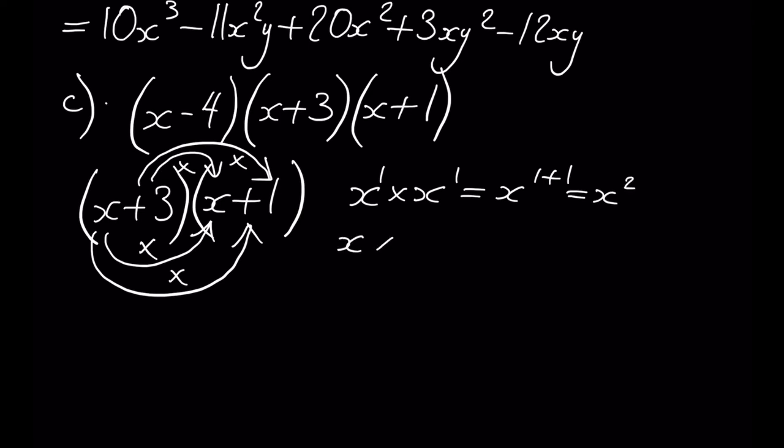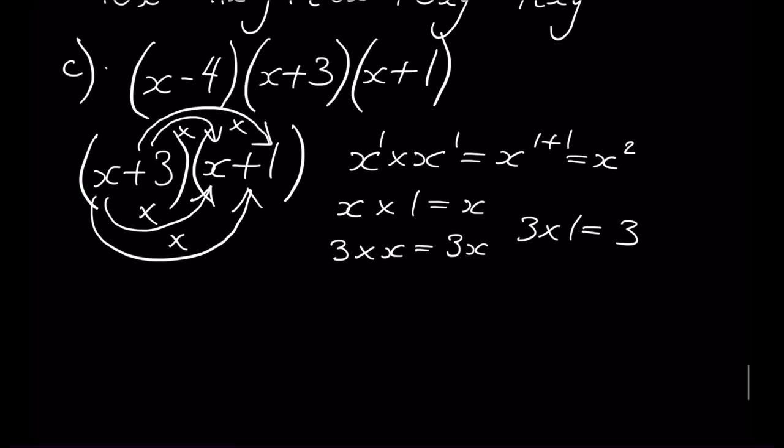Then x times 1 is just x. 3 times x is equal to 3x. And then 3 times 1 is just 3. So the answer to x plus 3 times x plus 1 is equal to x squared plus x plus 3x plus 3.